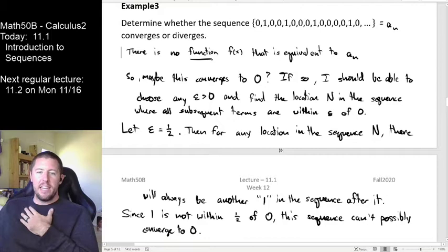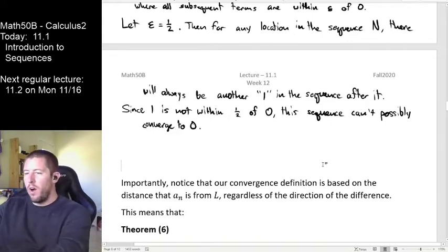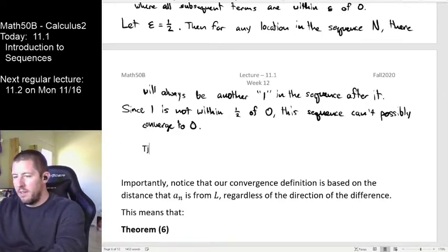Since I don't have any other idea of what this is, I could make the identical argument for why this does not converge to 1 either.